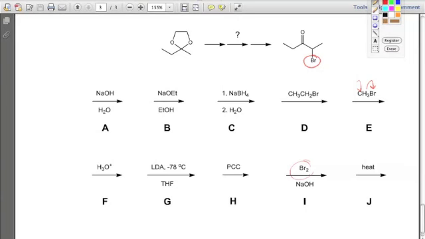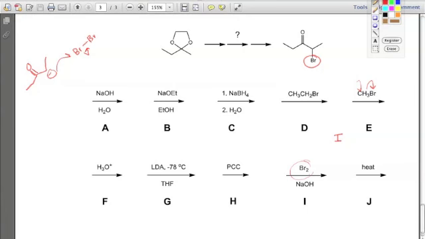And the way that works is, again, you're going to have that enolate reaction. So working backwards, I'm going to put I. Running that forward, it would look similar to having this double bond, and it's going to attack the Br to get this.